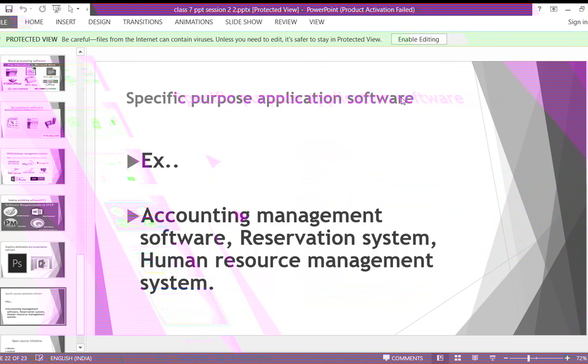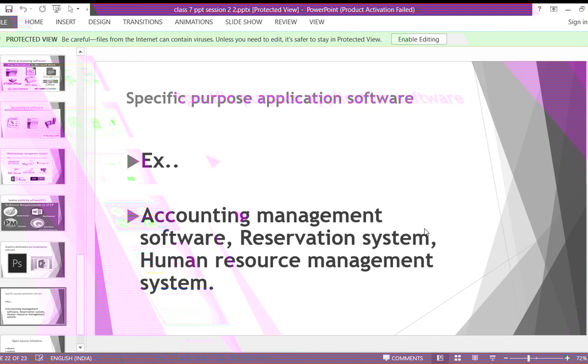Next is specific purpose application software. It is used in accounting management software, reservation systems, human resource management systems, like that. What is the meaning of this? As you saw while doing bus reservation or railway reservation, the system being used is specific purpose application software.